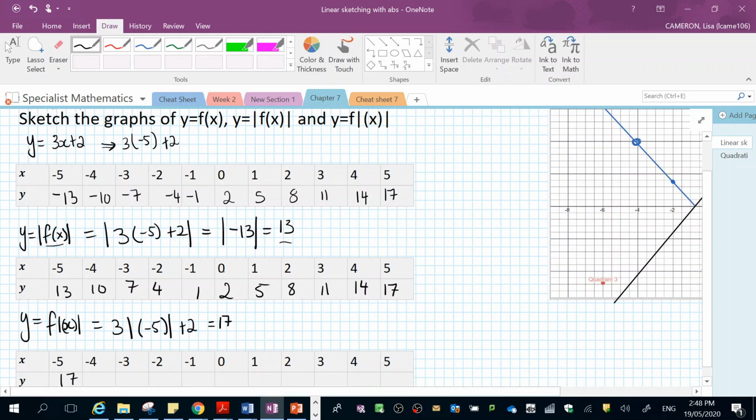This is going to have absolutely no effect above 0. This is only going to affect the negative numbers because they're the only ones that are being changed. So I can fill in all my positive values. They'll stay the same. There we go. Okay, and now if I change this one in here to a 4, 3 times 4 is 12, plus 2 makes 14. 3 times 3 makes 9, plus 2 makes 11.